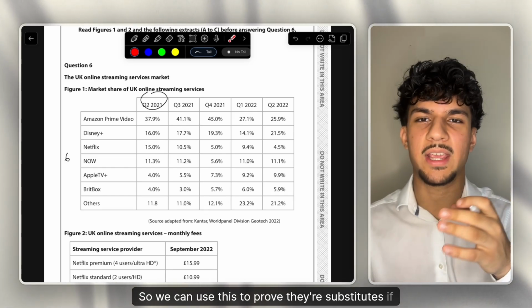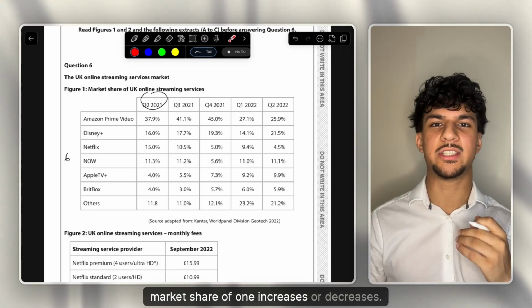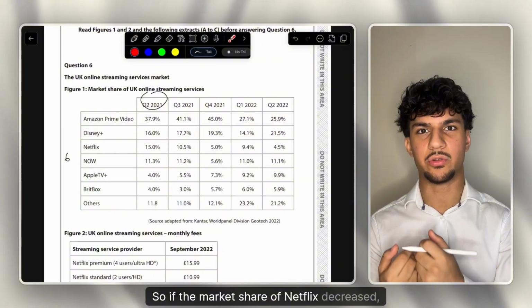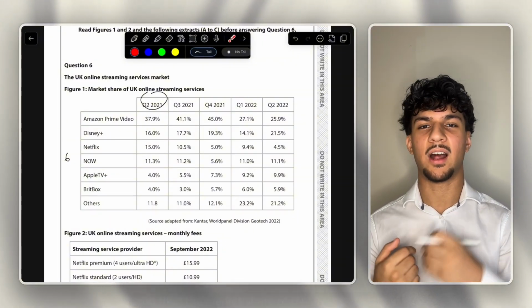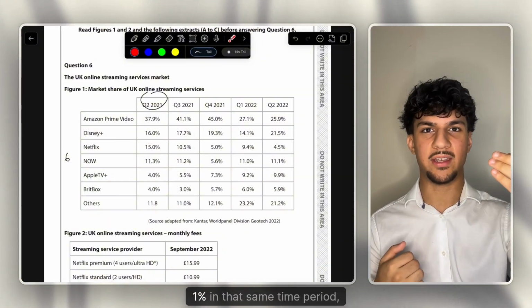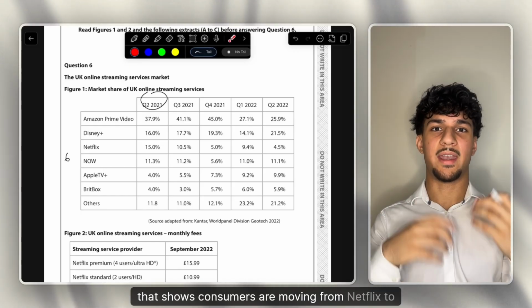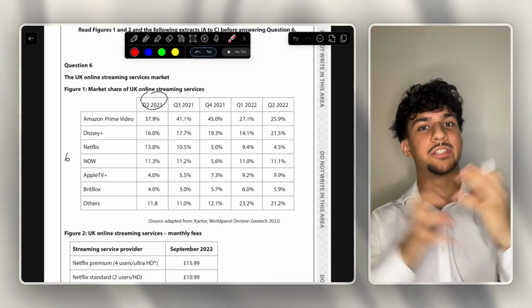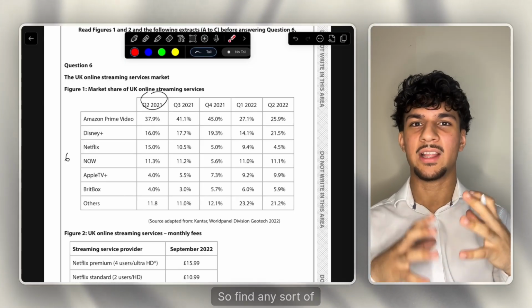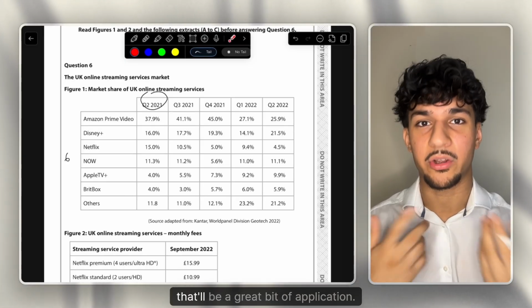We can use this to prove they're substitutes if the market share of one increases or decreases. So if the market share of Netflix decreased by like 1%, and then the market share of Disney increased by 1% in that same time period, that shows consumers are moving from Netflix to Disney Plus, thus they're substitutes. So if we find any sort of close relation like that, that'll be a great bit of application.